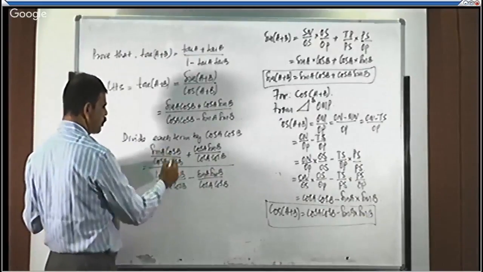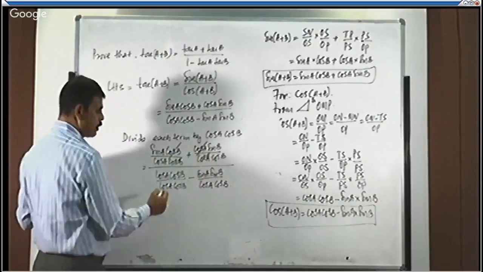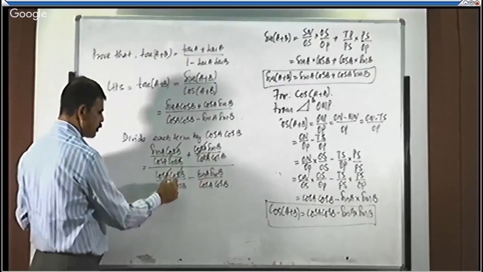Check the first term. Cos B cancel. Right? Here cos A cancel. Here cos A cos B both cancel.